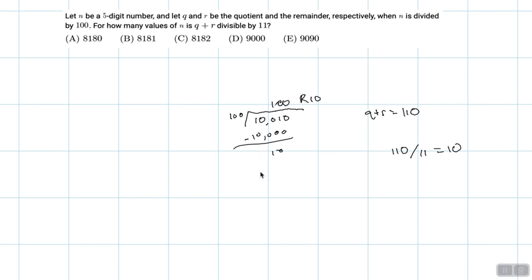And it's going to be true that as long as the remainders increase by multiples of 11, while q is still 100, then q plus r will be divisible by 11. So the same is going to be true if you have 10,021 divided by 100. That's just 10,010 plus 11. We're going to get 100 remainder 21, and 121 divided by 11 is just 11.